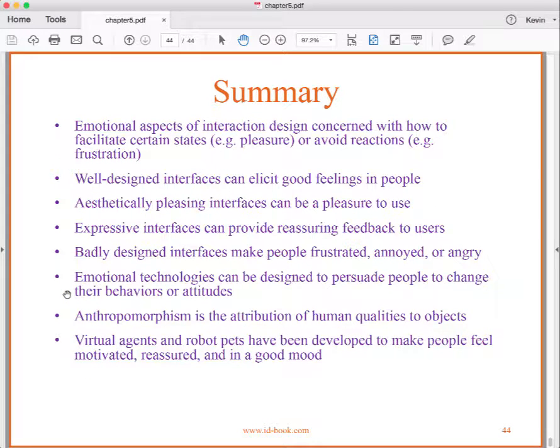That brings us to the summary, and I'm going to leave that for you to read on your own. So, a pretty interesting chapter.